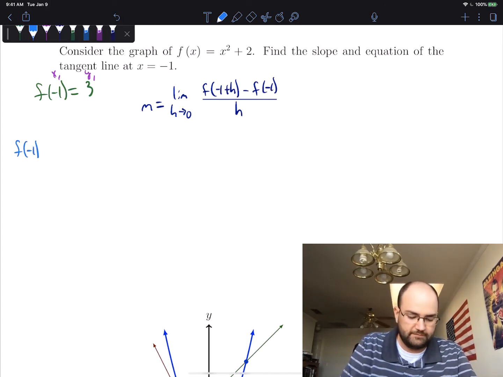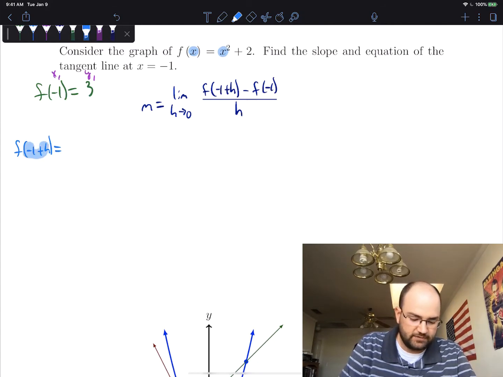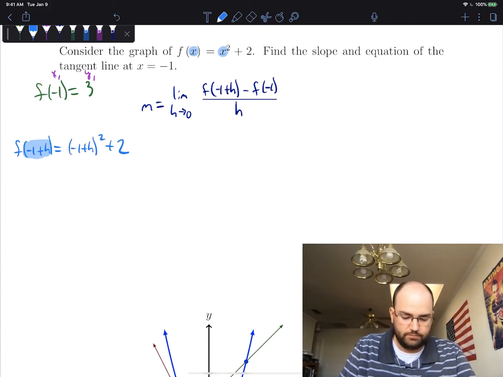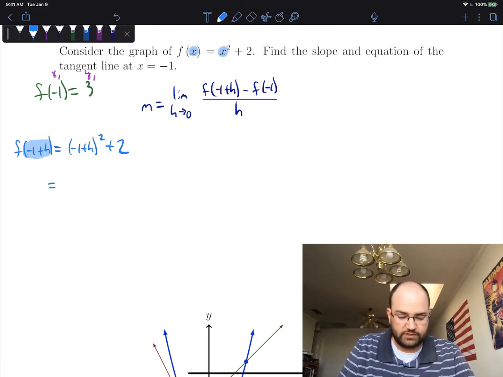Well, f of -1 plus h means that we go back to the f function, and the x's become this entire -1 plus h. So this is -1 plus h squared plus 2. And then you simplify. Now, squaring a binomial means you square each thing in there. -1 squared is 1. h squared is, well, h squared.